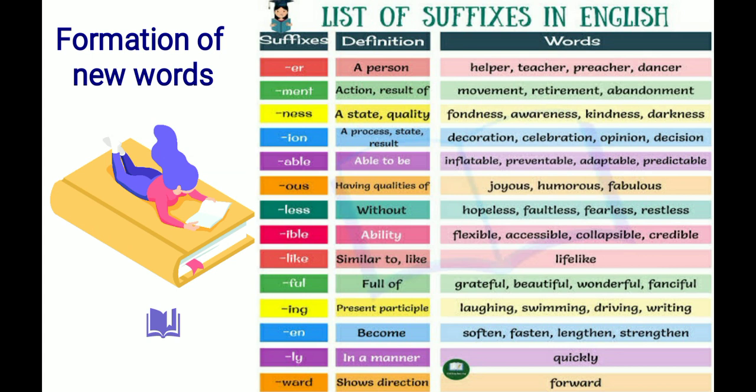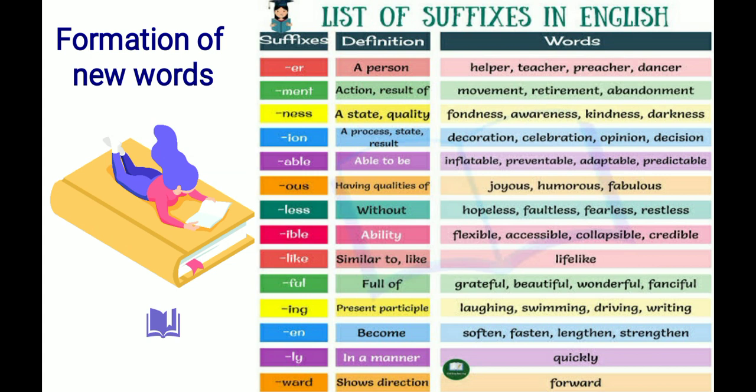Next, OUS. OUS here means having qualities of. Fabulous. Less means without. The new word can be hopeless with the root word hope. If we add suffix less, then the new word becomes hopeless and it means without hope.